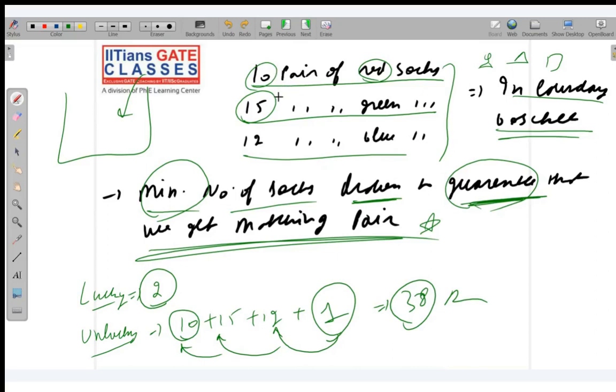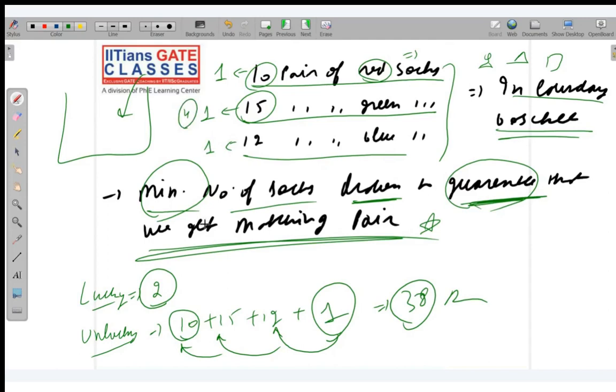We have to answer whether it is left feet or right feet. Yes, sir. So they have to mention whether left feet or right feet are different or they are same. If they are same, then I will say you just pick one from here. The next sock which you picked was this, and the next sock which you picked was this, and the moment you pick the next sock, that means 4 socks will be our answer.